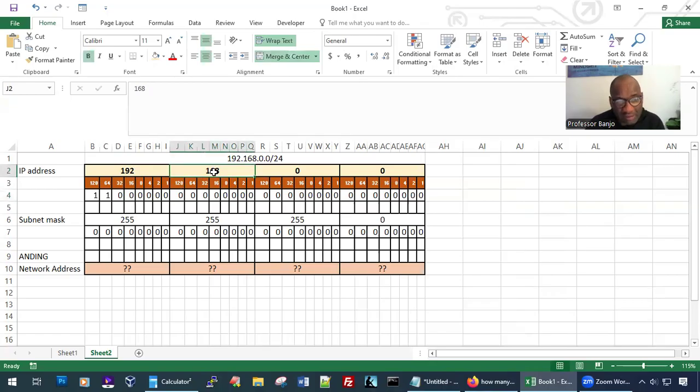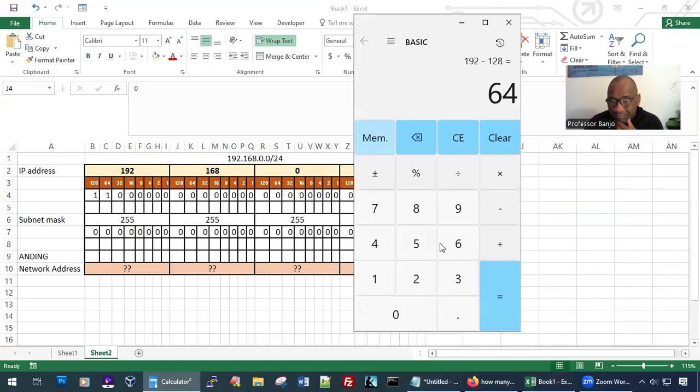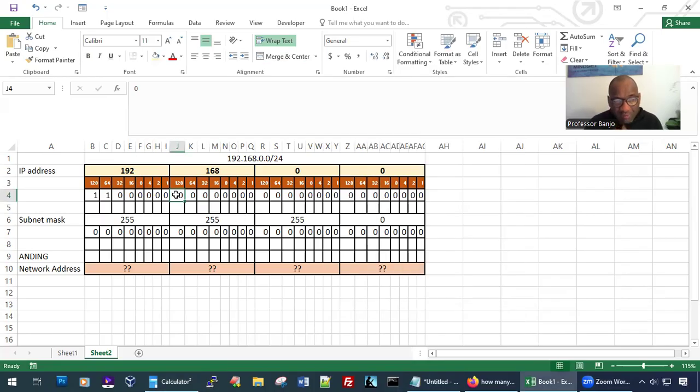Then you come to the second octet, 168 minus 128. That is 40. So you give a 1 here. 40 cannot go in that spot, so you skip that. The next one, 32 can go into 40, so that is 1.